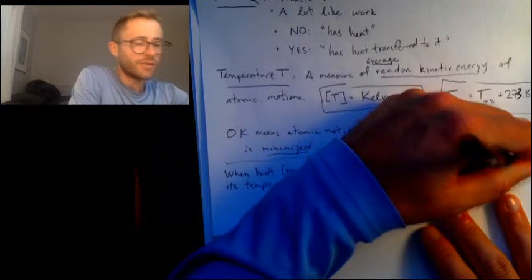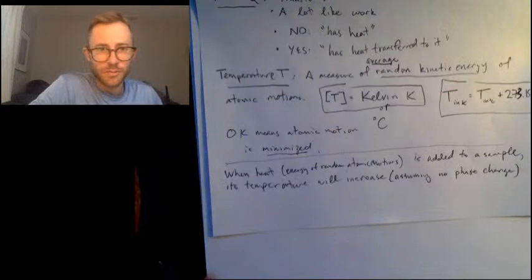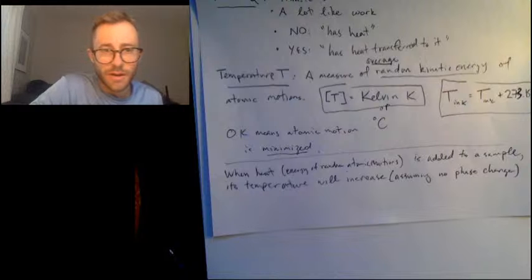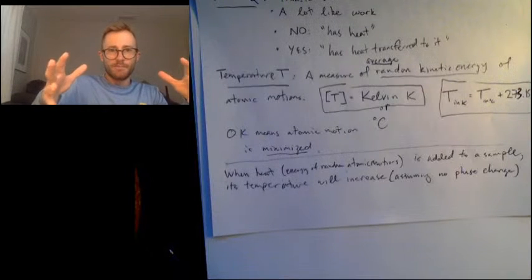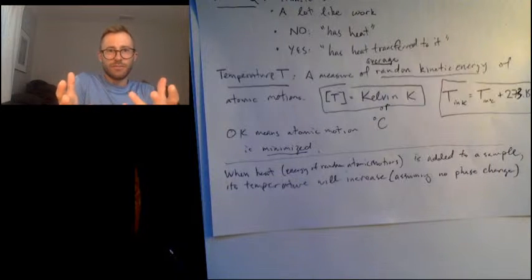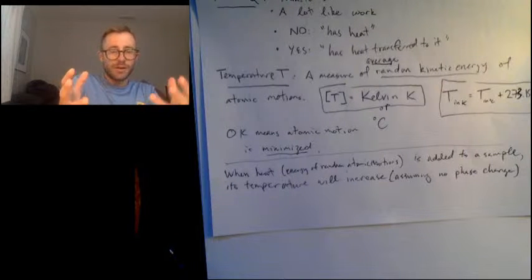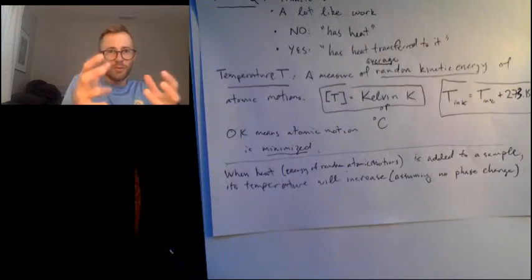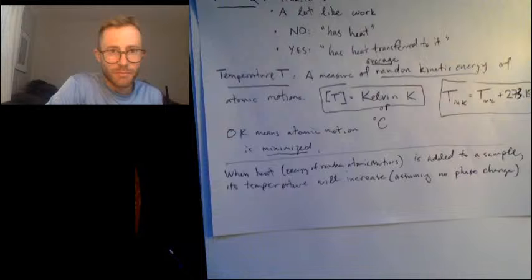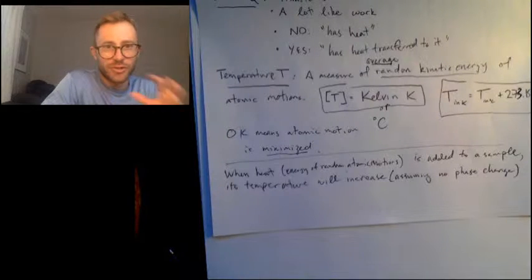So we don't have any transitions between states of matter. Because if you have a pot of boiling water and you add heat to it, it doesn't raise the temperature of the boiling water. What that energy is being used for is to turn more of the water into steam. But the temperature doesn't change.